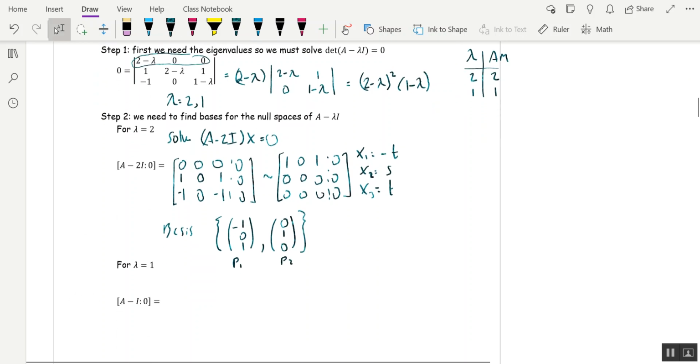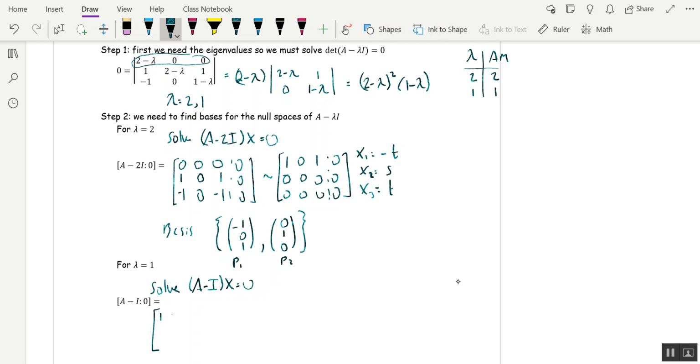All right, for lambda equals 1, I want to solve A minus I times x equals 0. So I want to reduce A minus I augmented with 0. If you put 1 in for lambda in this matrix inside the determinant bars, you'll see you get 1, 0, 0, and then 1, 1, 1, and then negative 1, 0, 0.